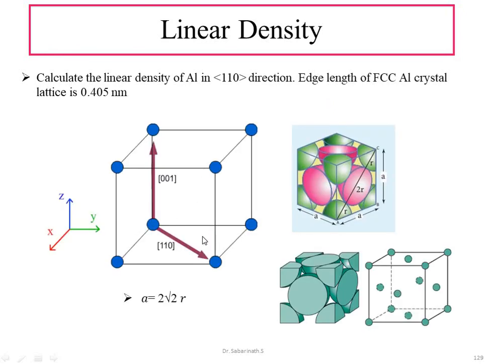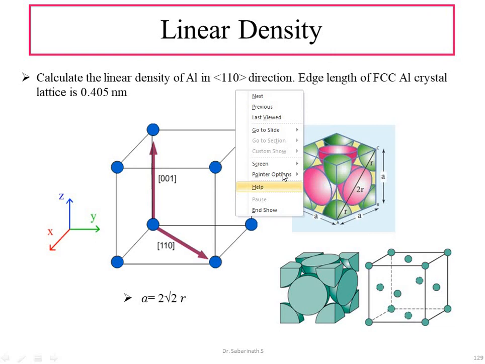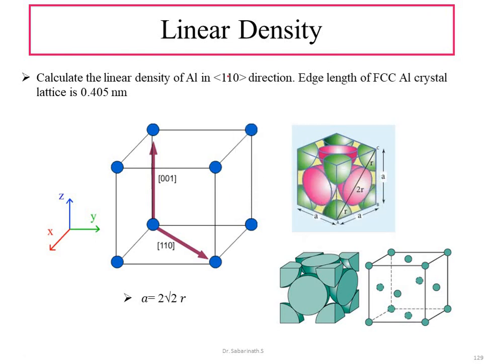We know very well that a particular direction is given, and here the direction given is 110, and the edge length of this particular FCC is also given.